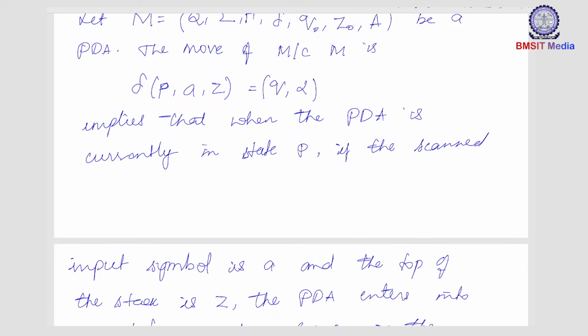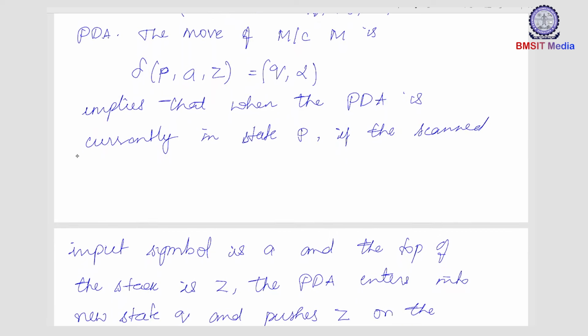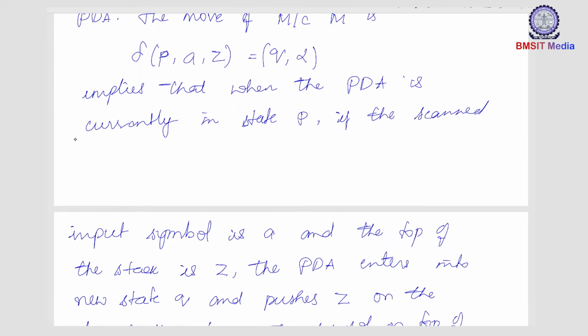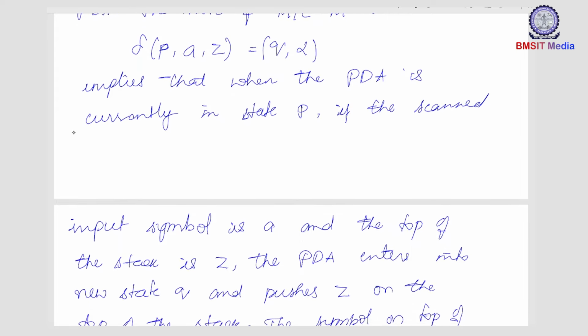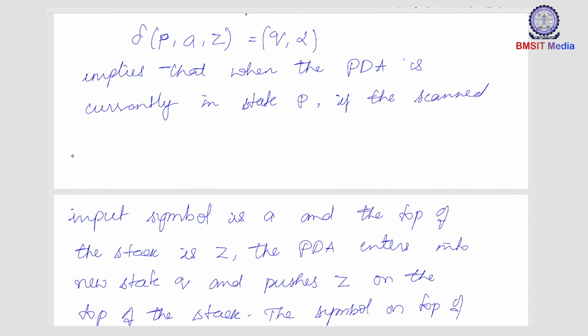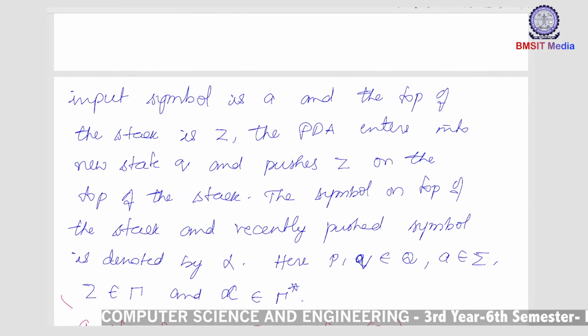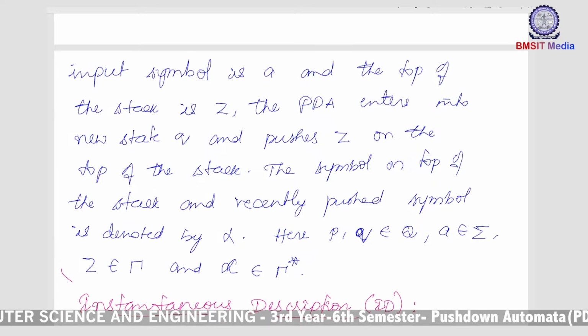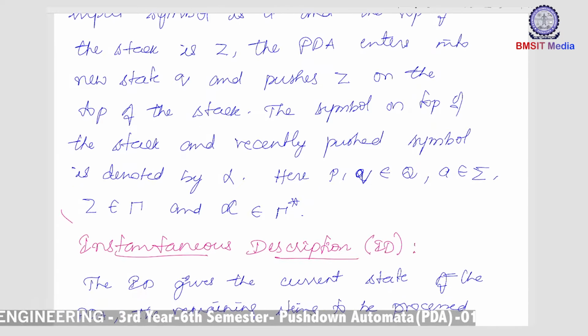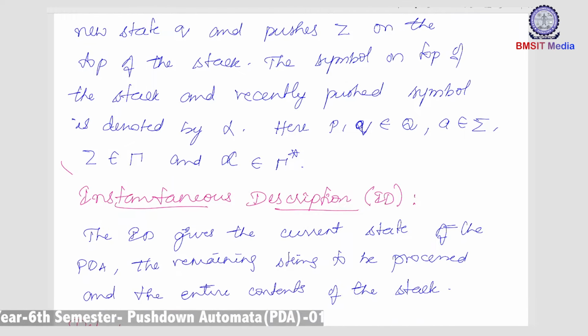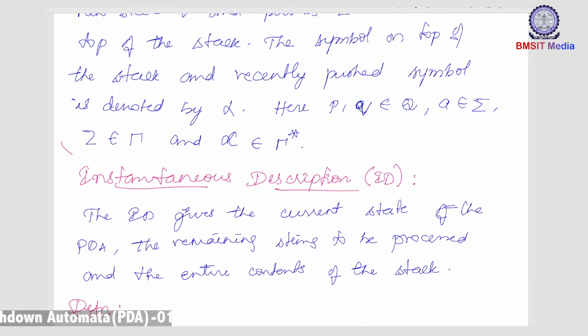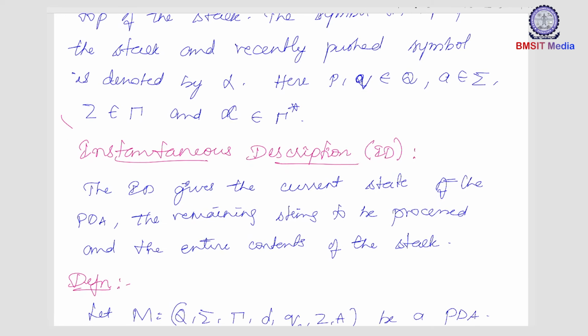That implies when the PDA is currently in state p, the scanned input symbol is a, and the top of the stack is Z, then the PDA enters the new state q and pushes alpha on top of the stack, replacing Z. Here p, q belong to Q, a belongs to Sigma, Z belongs to Tau, and alpha belongs to Sigma star. All this will be clearer when we start with the problems.